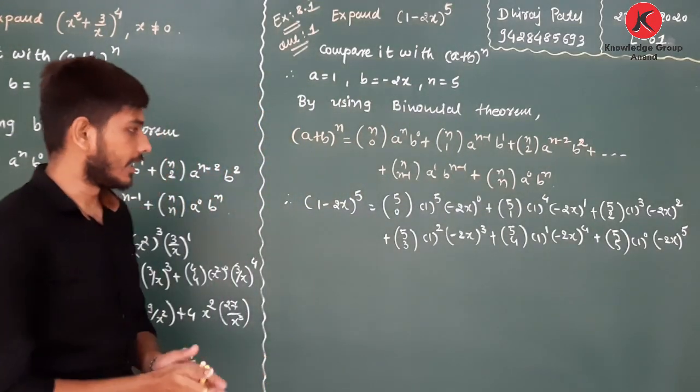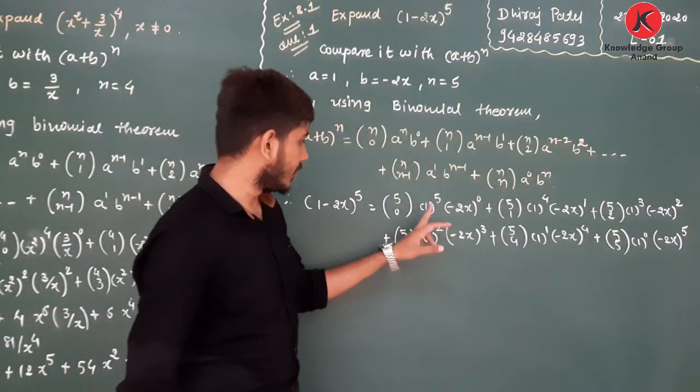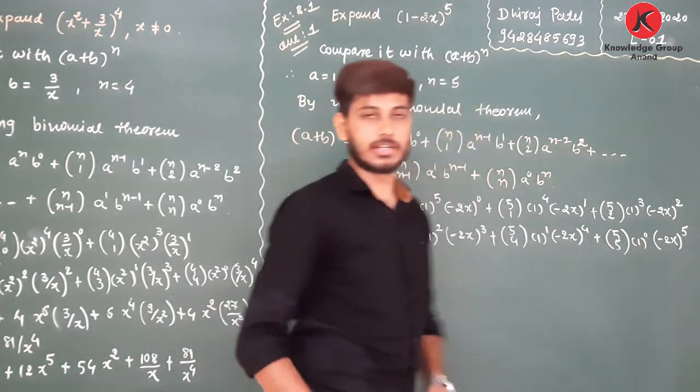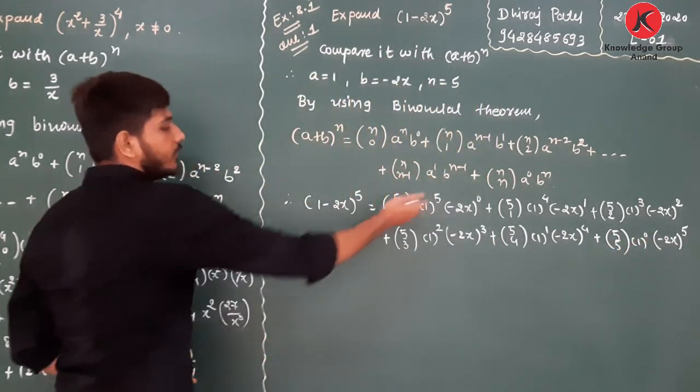Okay, there are 6 terms, 1, 2, 3, 4, 5 and 6. Now simplify this.